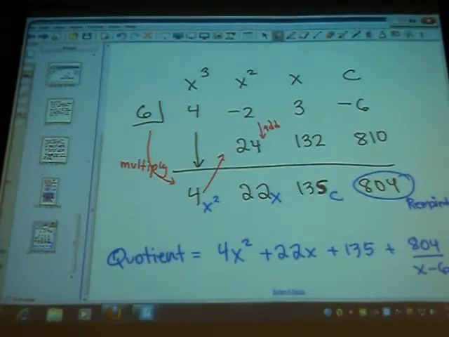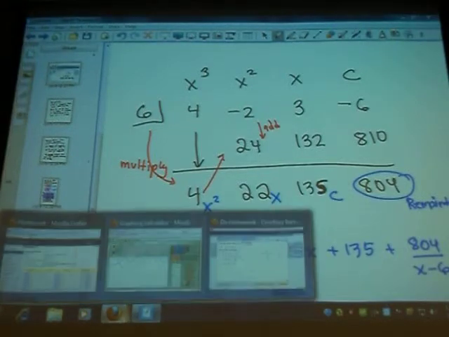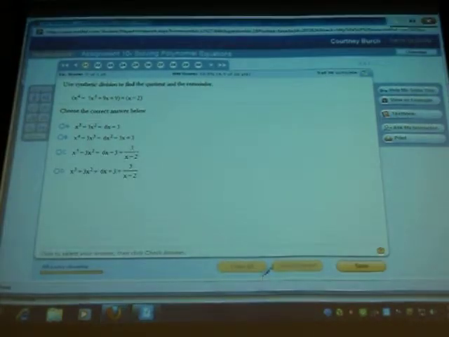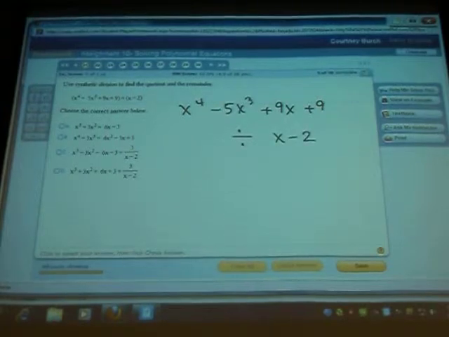In that one we don't have an x to the second, so that's going to be a 0. So I get x to the 4th minus 5x to the 3rd plus 9x plus 9 divided by x minus 2. So we're dividing by 2. You're checking x equals 2.